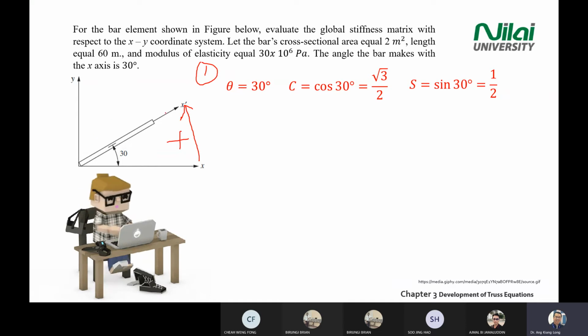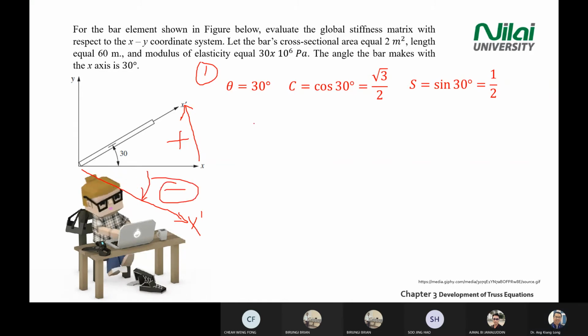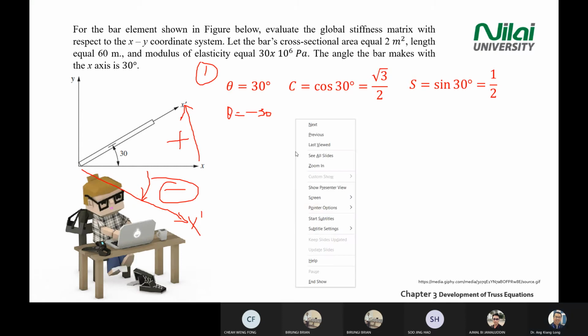When you come to test or exam, I might flip the direction. In test or exam, you might see an x prime like that. So here to here is a negative value. What does it mean? Your theta equals negative 30 if your x prime is below. Take note of that.